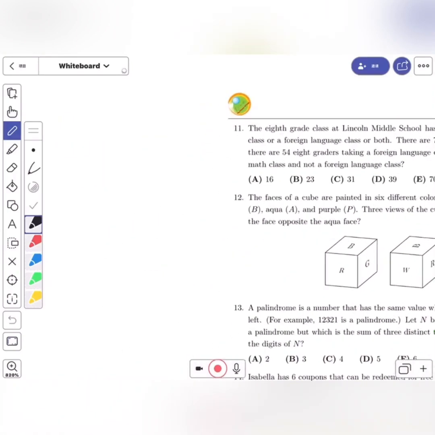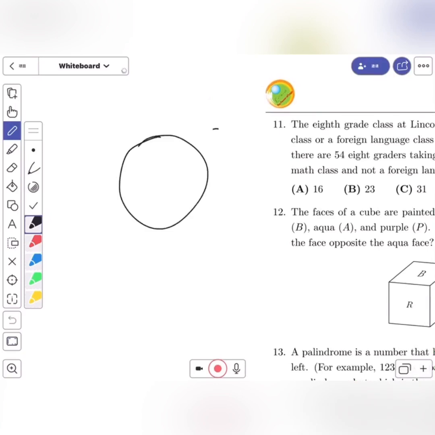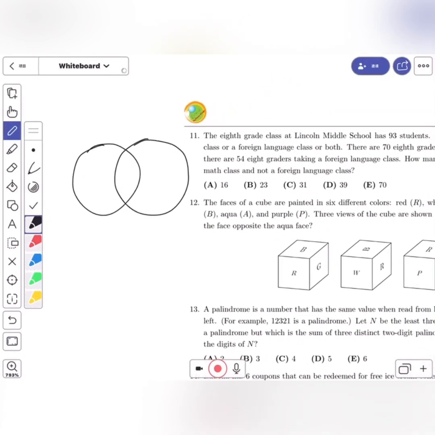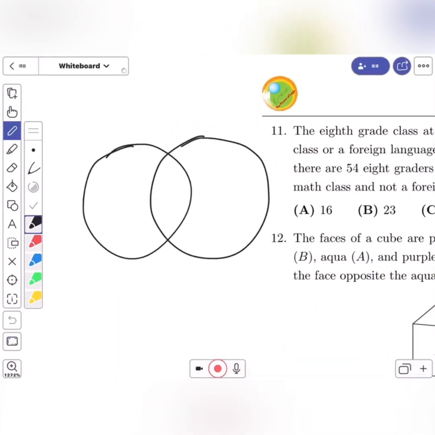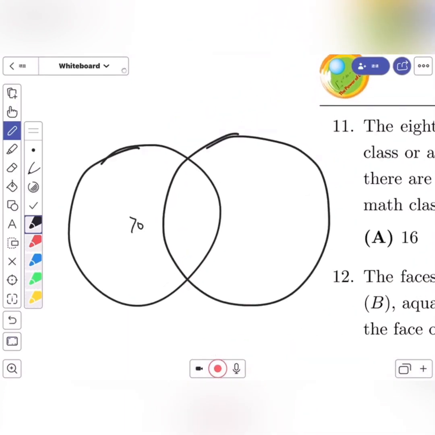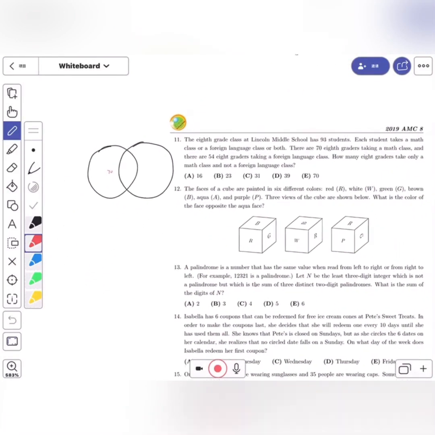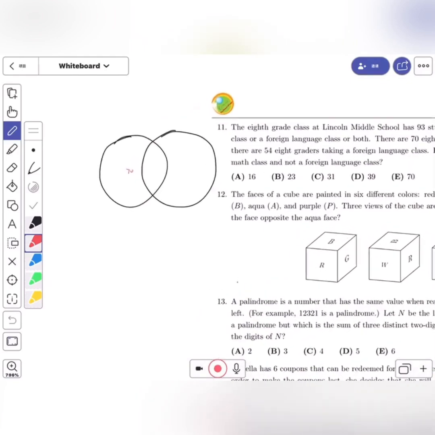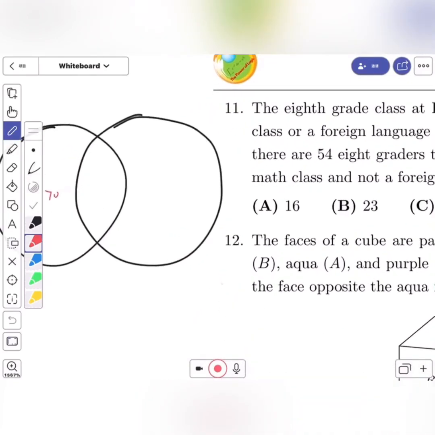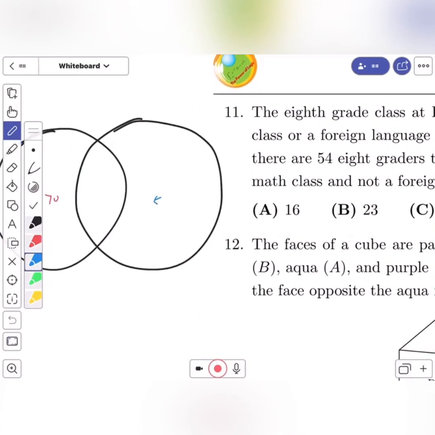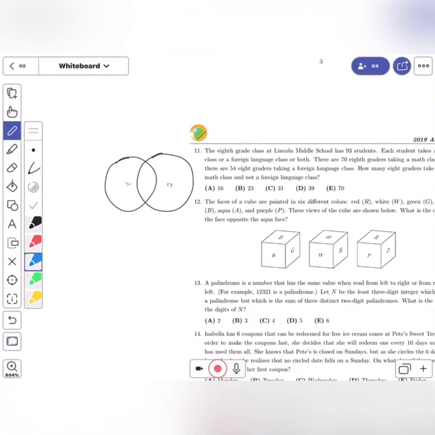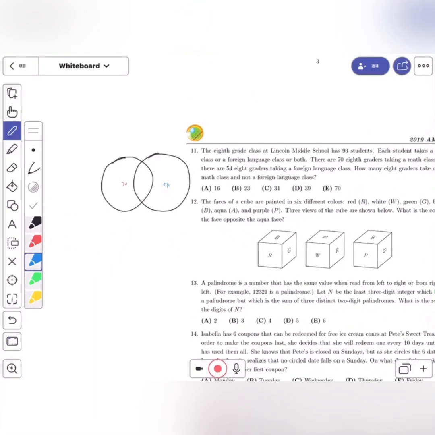So this one is a pretty standard problem, which is inclusion-exclusion principle. So we have 70 students that take math, and 54 students take a foreign language.